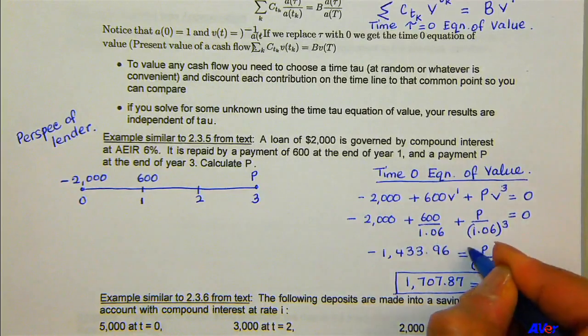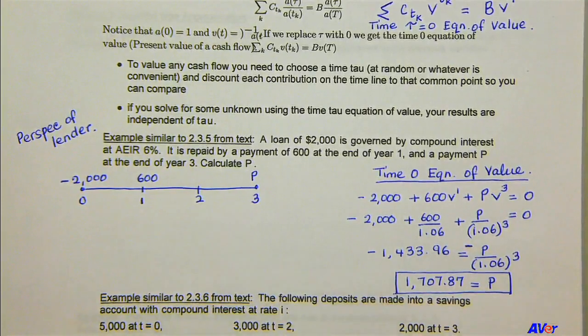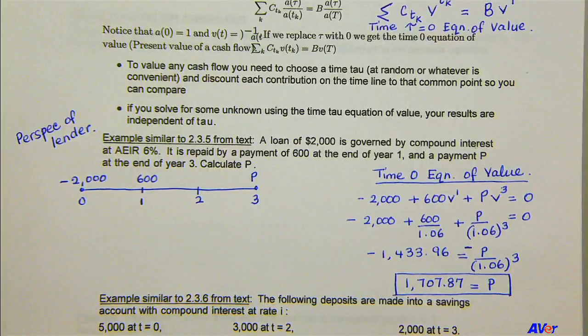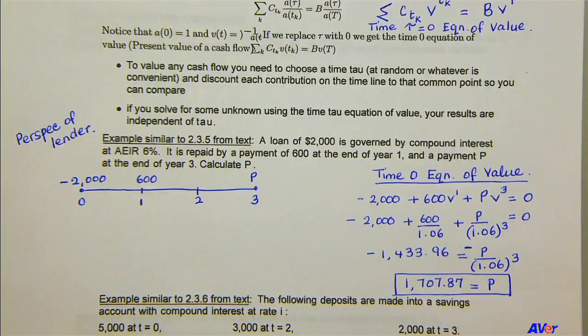Well, this one became negative when it came over, so this is positive, yes. When I brought this term over, it's negative. They're both negative, so P is positive.